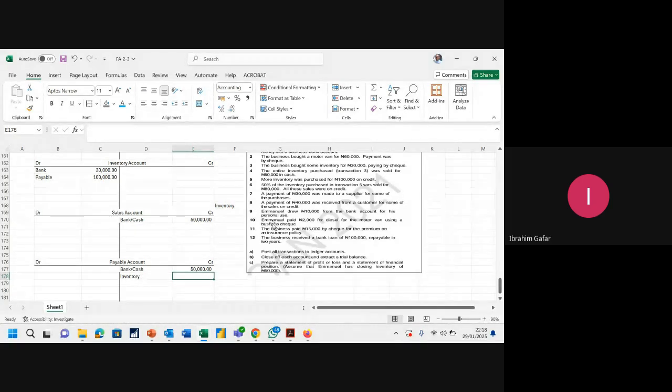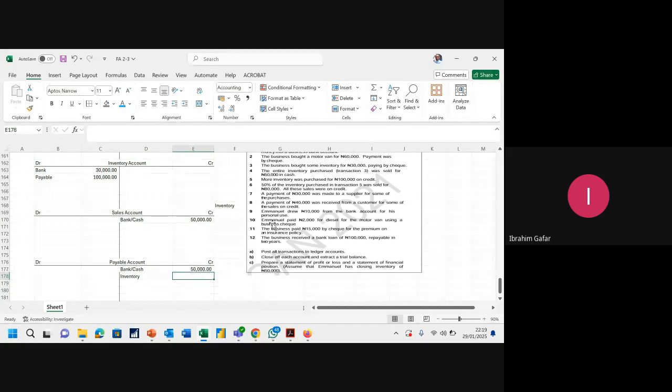If you are owing each person 10,000 naira times 10 people, that's 100,000 naira. That means you are owing those 10 people 100,000 naira. You put it in your book as credit because you are owing them.